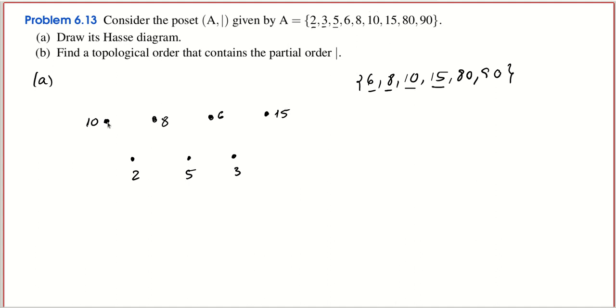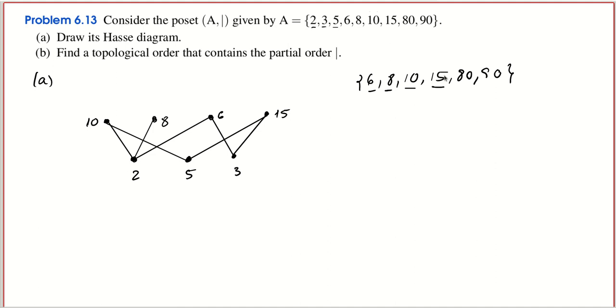Of course, 2 divides 10 and 8. That's the reason we put them together, and also divides 6. Right? So we have this. Now 5 divides 10. So we have this line here. And divides 15. Okay, so we have these 2 lines. And 3 divides 6 and divides 15. These are all relations that we have. Okay.